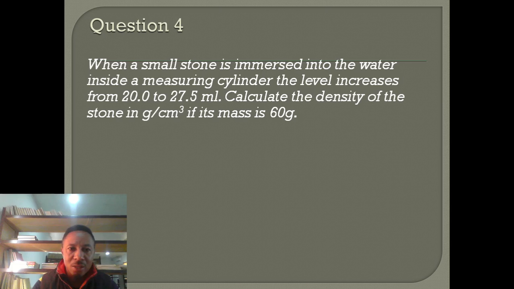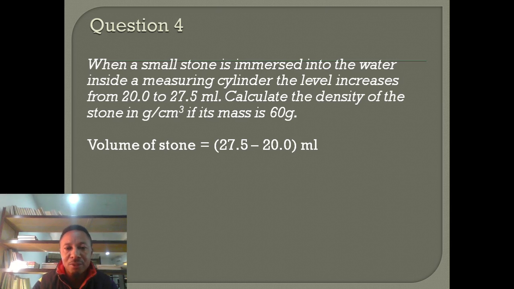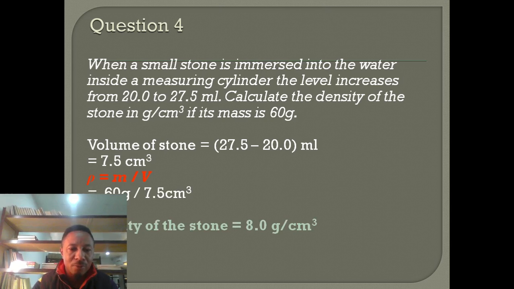But what you do here is to get the volume of the liquid displaced first in the measuring cylinder, which is 7.5 centimeter cube. Then we can find the density using the mass, which is 60 gram, over the volume. So with that, we have the density of the stone to be 8 gram per centimeter cube.